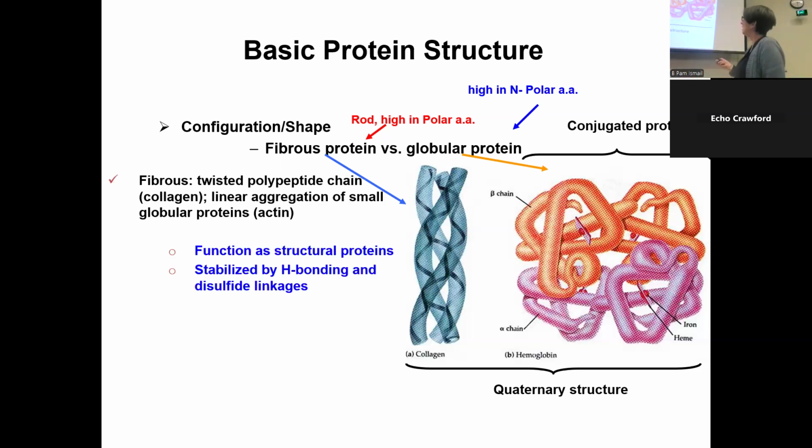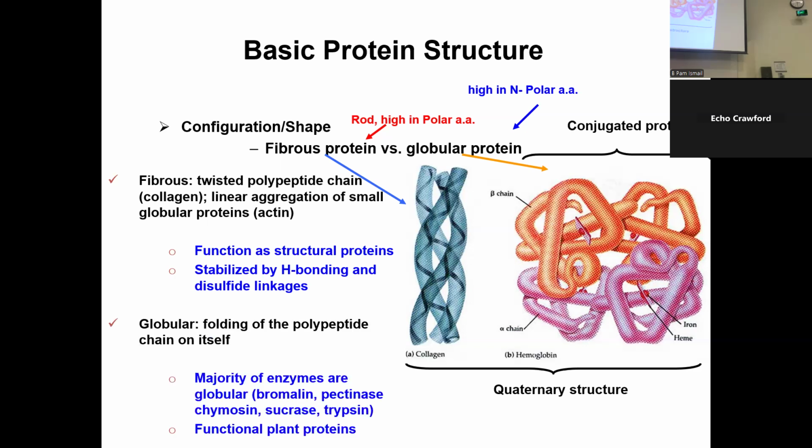So fibrous, intertwined, or they can be intertwined like collagen, but they can also be small proteins aggregating with each other into strands, like actin. Usually fibrous proteins act as structure proteins, so that's the meat structure. That's what we try to imitate with plant protein. It's very hard to imitate. And then you have your globular proteins. All enzymes or the majority of enzymes are globular, and all functional plant proteins are globular.